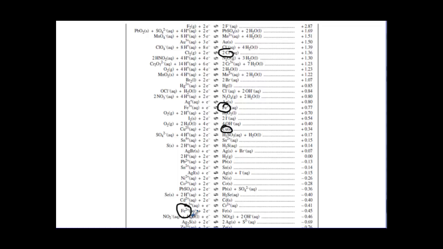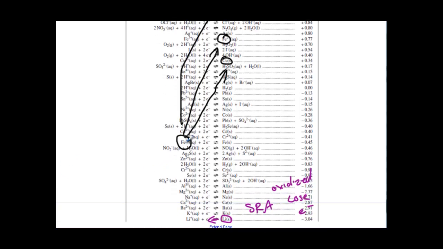So what ends up happening then is that in terms of these guys right here, iron 2+ is not capable of reacting with either the copper or this iron right here, or even this chlorine right here. So this iron right here is kind of a wimp at taking electrons. Can it win a fight? Sure.